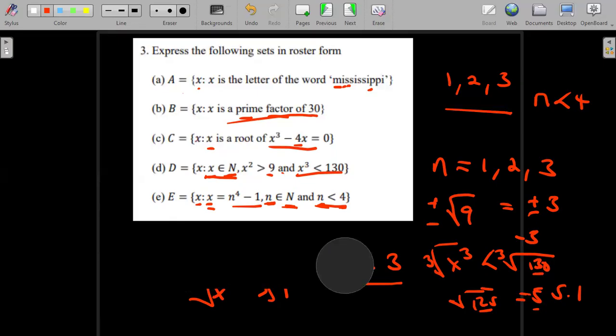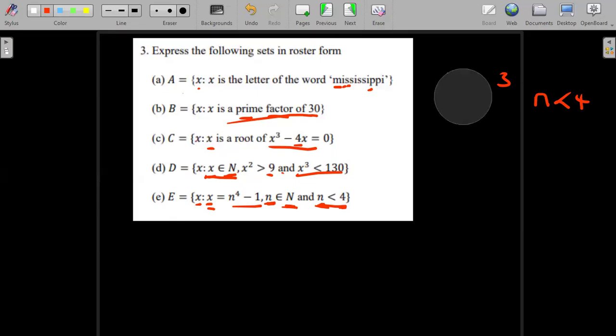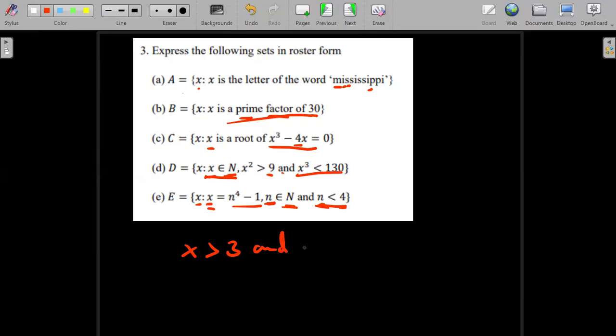So let me write them down now, because those are the two conditions that I'm having. I have that x is greater than 3 and x is less than 5.1. But the first condition is that x is a natural number.